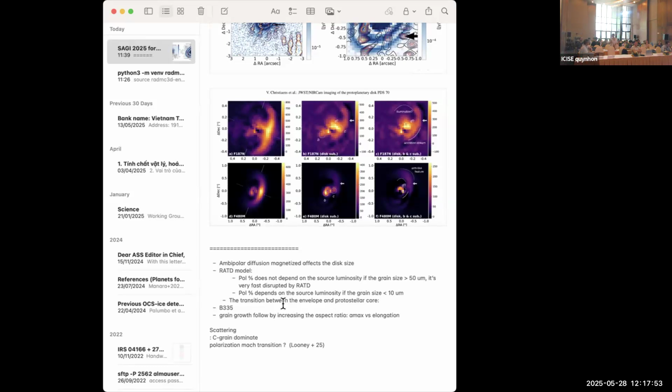And it turns out it's really hard to detect, because the Hall effect feature only appears right outside the disk, along a certain scale height. So it's hard to detect. Also, the Hall effect is efficient only in a certain radial or density range. So overall it is probably not as prominent as ambipolar diffusion, which can work over a wider spatial range.